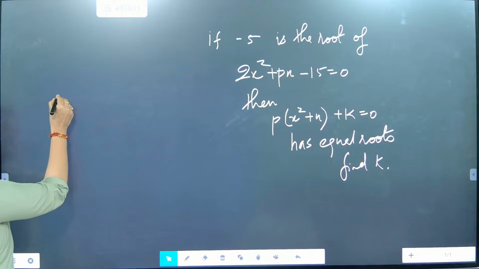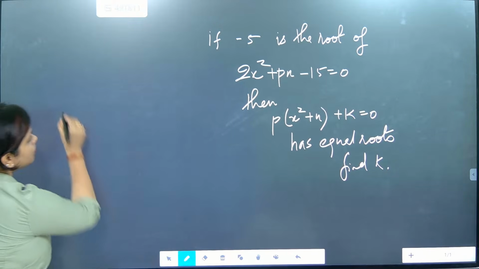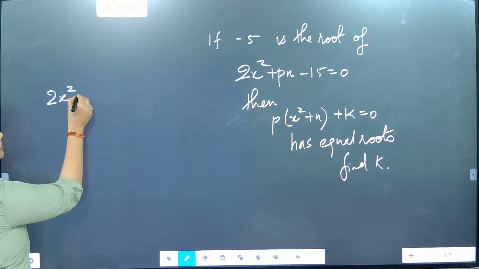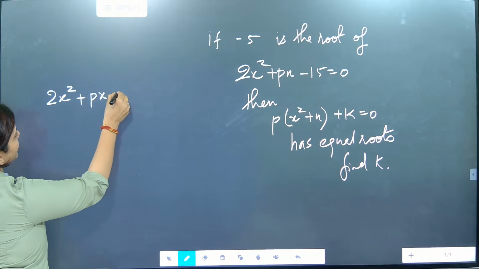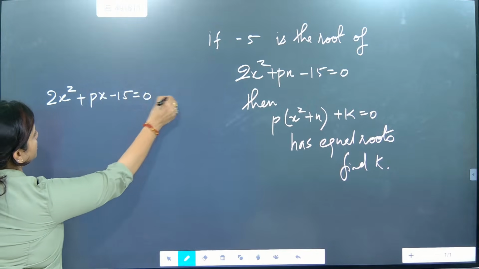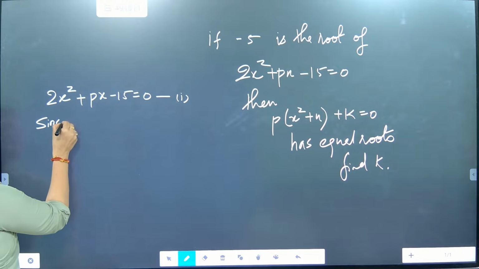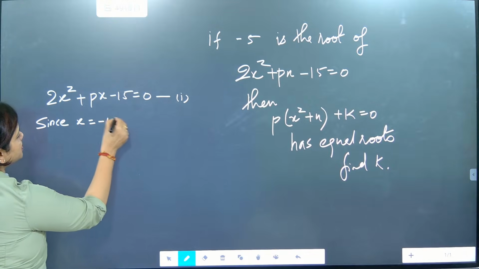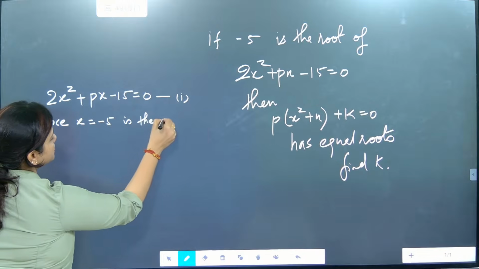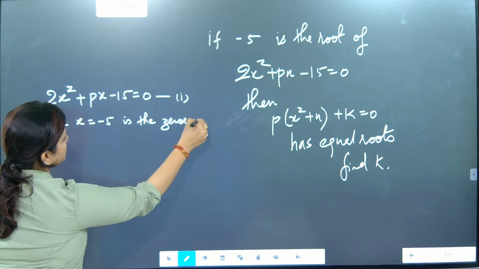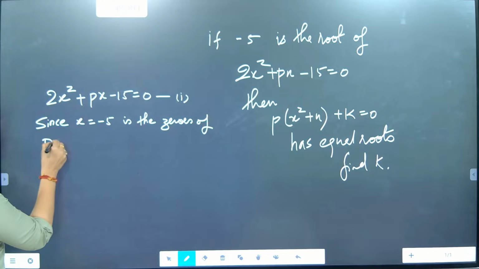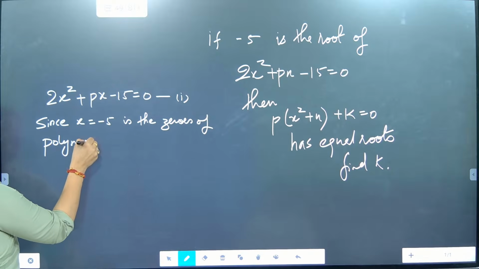So when solving this question, 2x square plus px minus 15 equal to 0, we'll take it as equation 1. Now, since x equal to minus 5 is the zero of the polynomial, they will use the word root also.